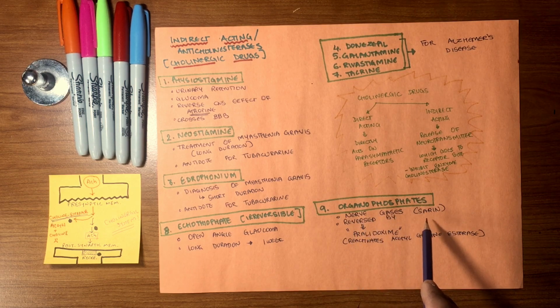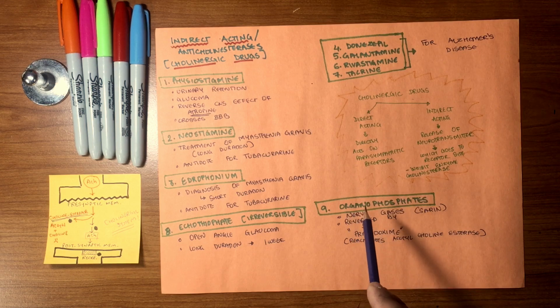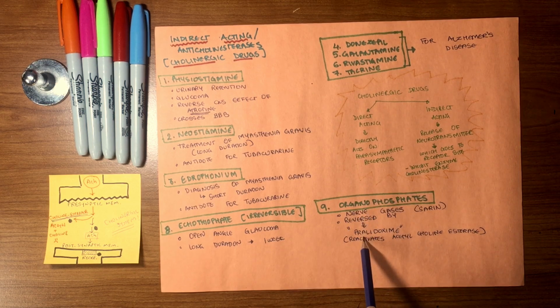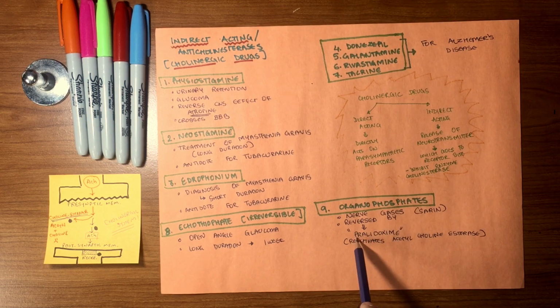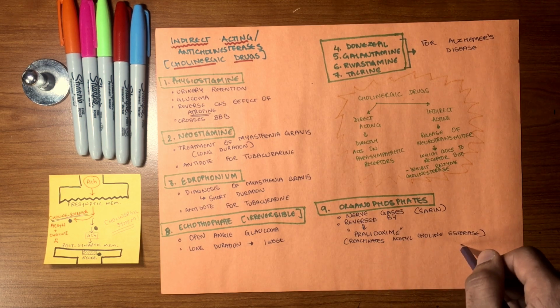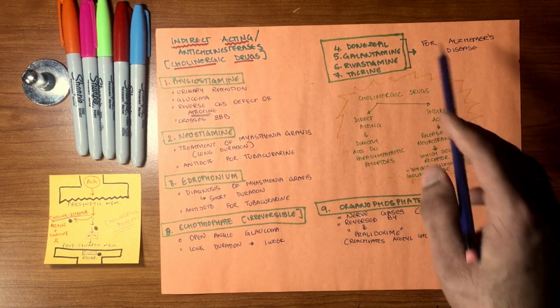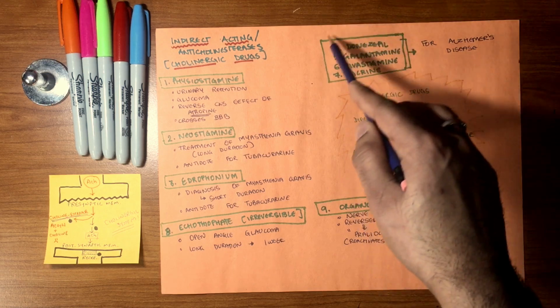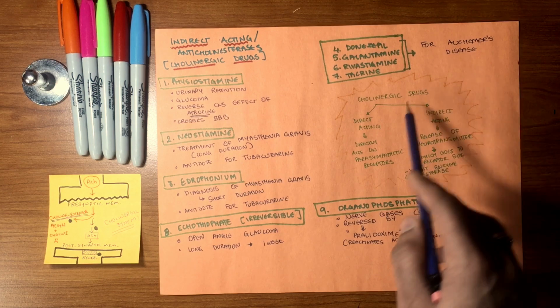It is also used as a pesticide in agriculture. Its effect will lead to paralysis and then death. This is a poison, but it can be reversed by pralidoxime, as it reactivates the acetylcholinesterase enzyme and reduces the effect of acetylcholine. Now, the remaining drugs, which were of the reversible kind, are used for Alzheimer's disease.